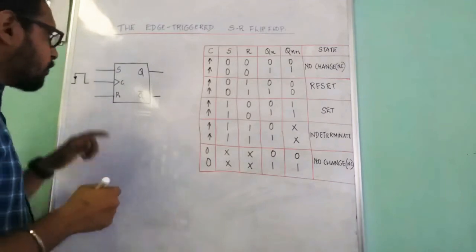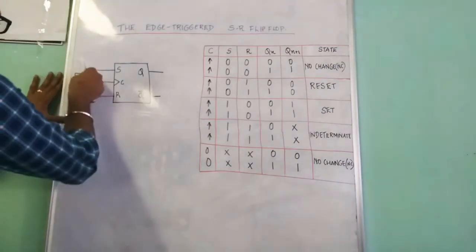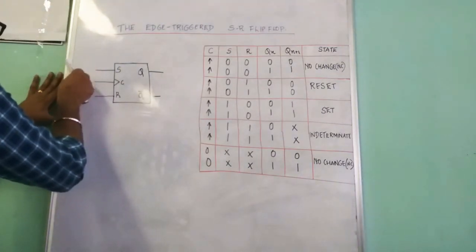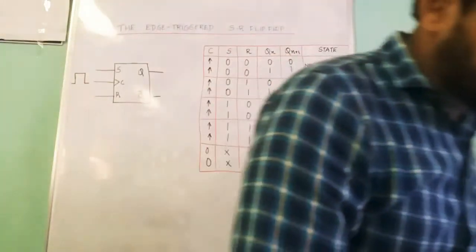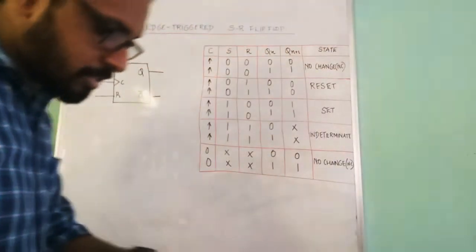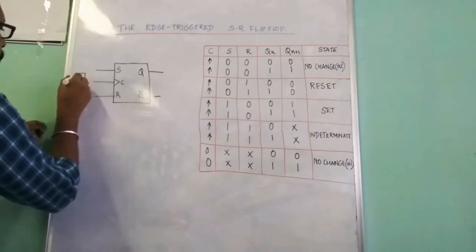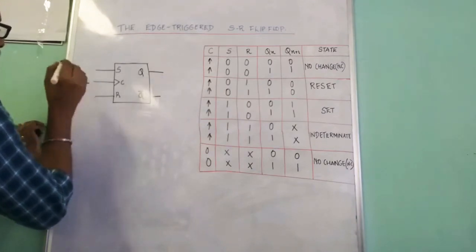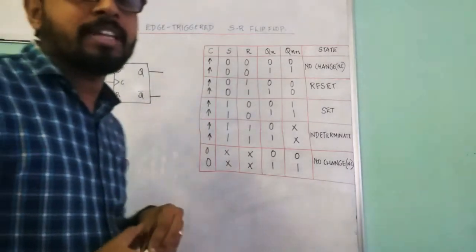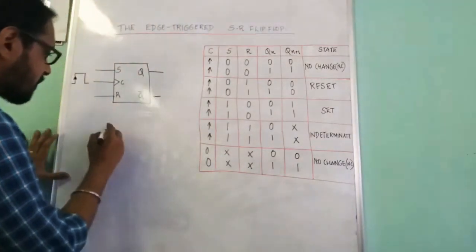And in order to show that the pulse is positive, we need to draw an arrow pointing upward. I will show it once again.